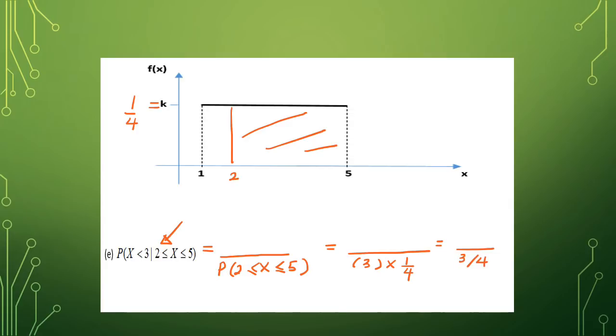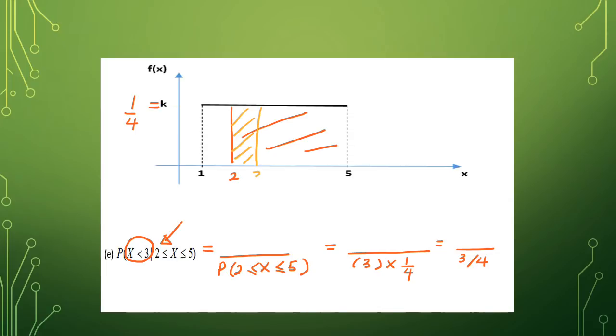Within the area, you must find x less than 3. If x is less than 3, then we are looking at the area up to 3 here, and because it's conditional, it must be within 2 to 5, so it will be just this space.